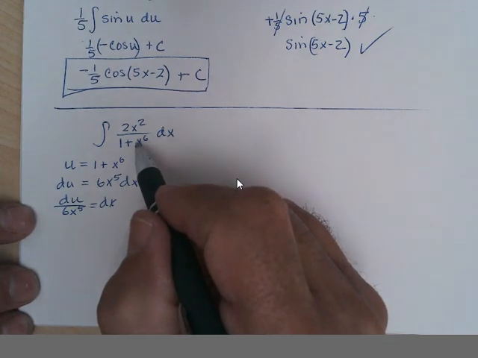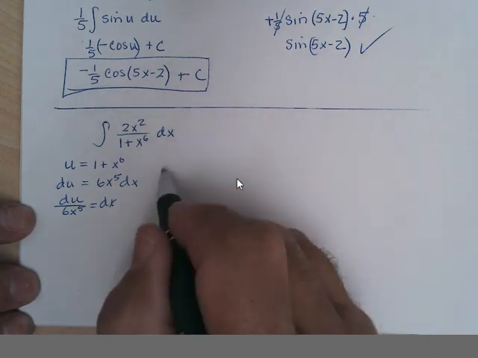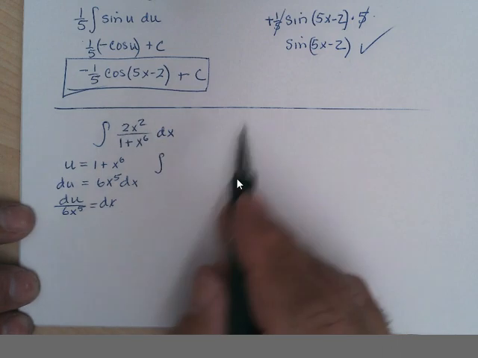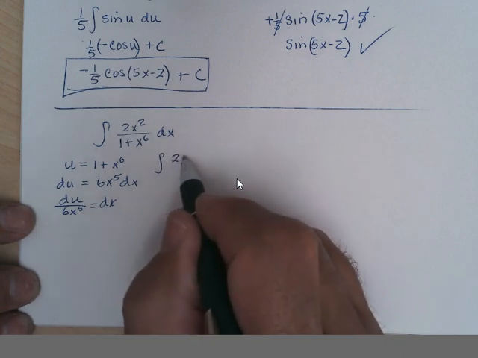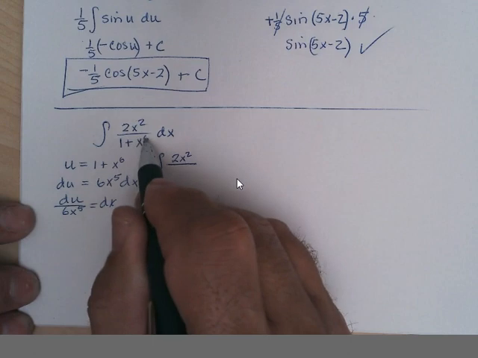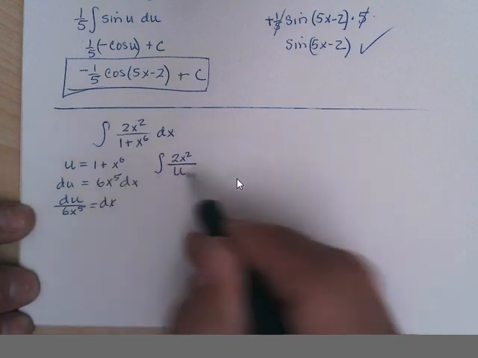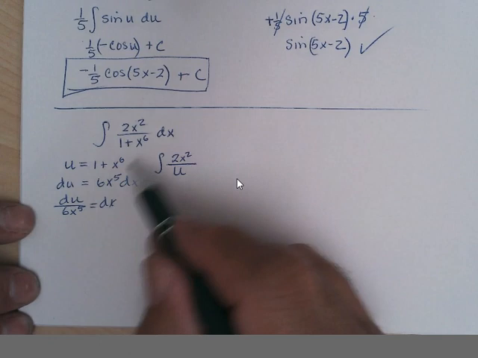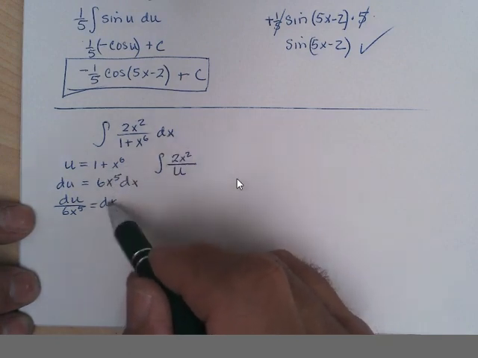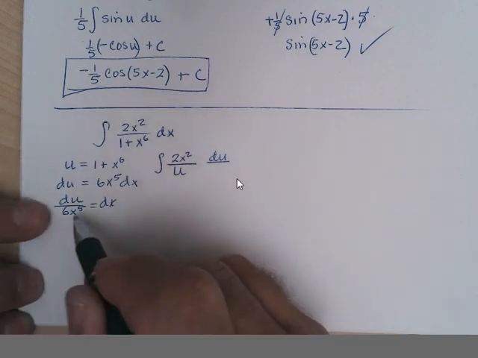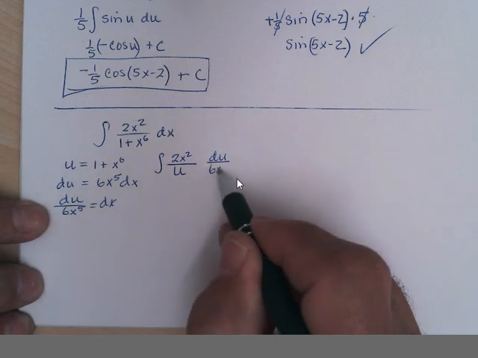Making my substitutions, I would get the integral. I didn't have something for the 2x squared, so I'm going to leave that a little bit. And in the denominator, 1 plus x to the 6th is what I called u. And what I found dx would be, if that was u, dx would be du over 6x to the 5th.